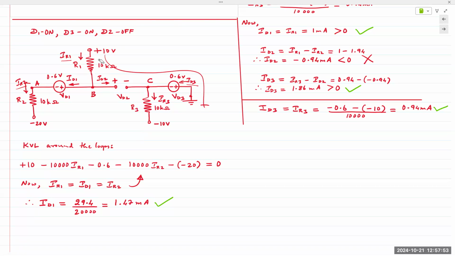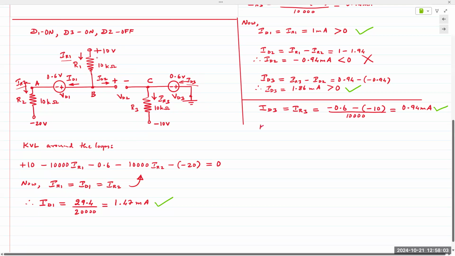It doesn't make too much of a difference, but we have 0.6 volts right here, so we'll stick with that. It makes it easier. So, KVL that includes VD2.